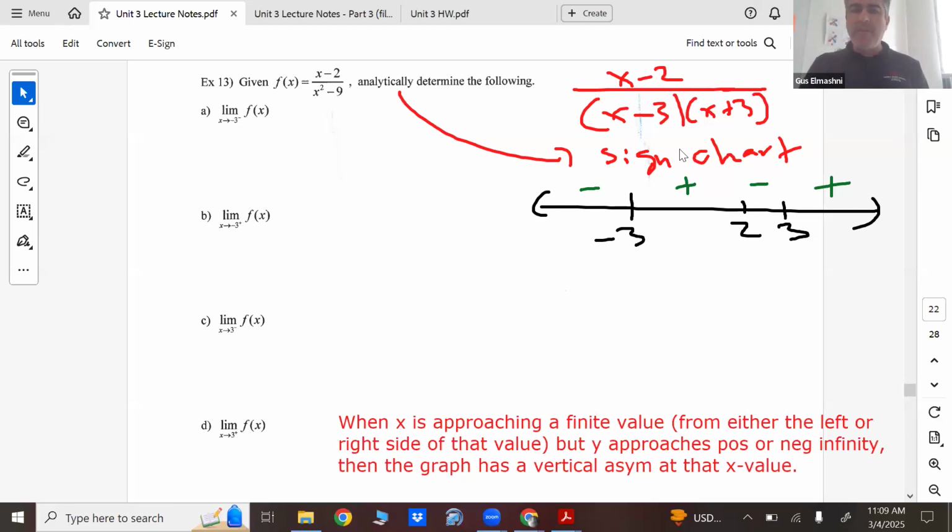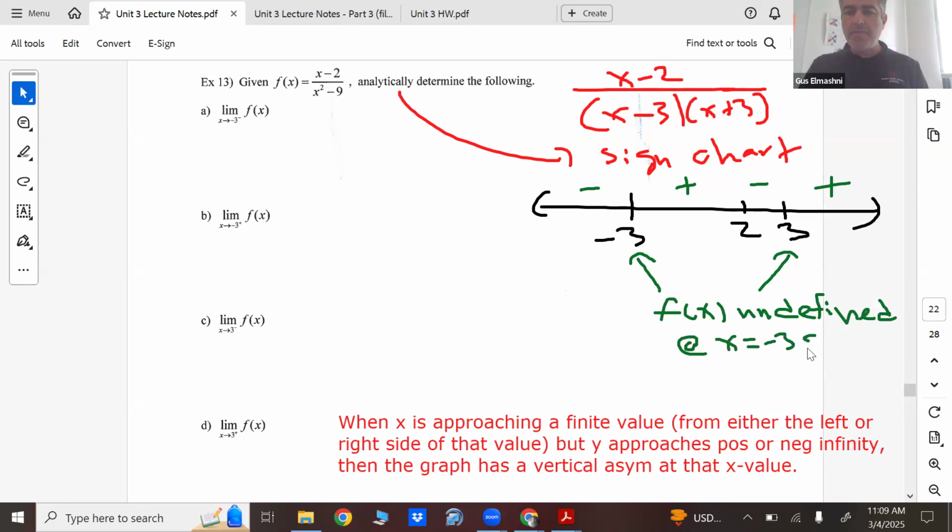Okay. Now, because it's going to be undefined there, here's what's going to happen. I'm just going to write this out without really giving it much thought.